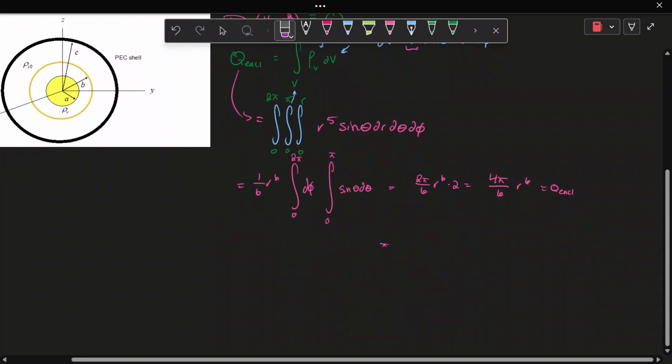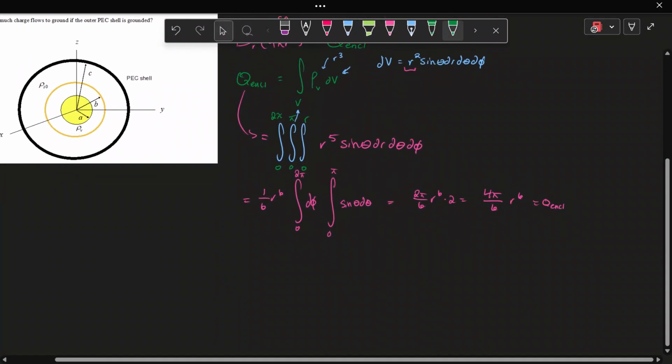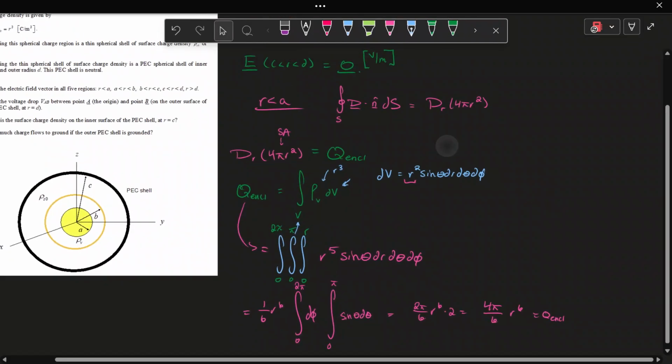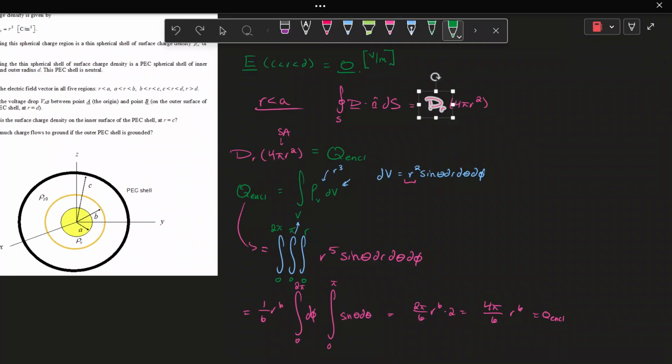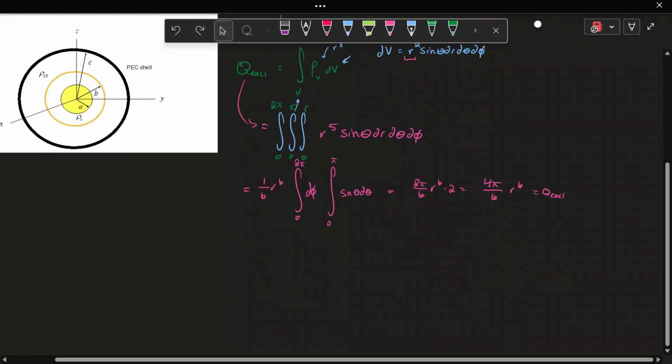But we're not asked for enclosed charge from r to a. We're asked for the electric field vector. Why did I have us go through this entire process to find the flux density vector? Well, through Maxwell's equations, we have another equation that relates these two.